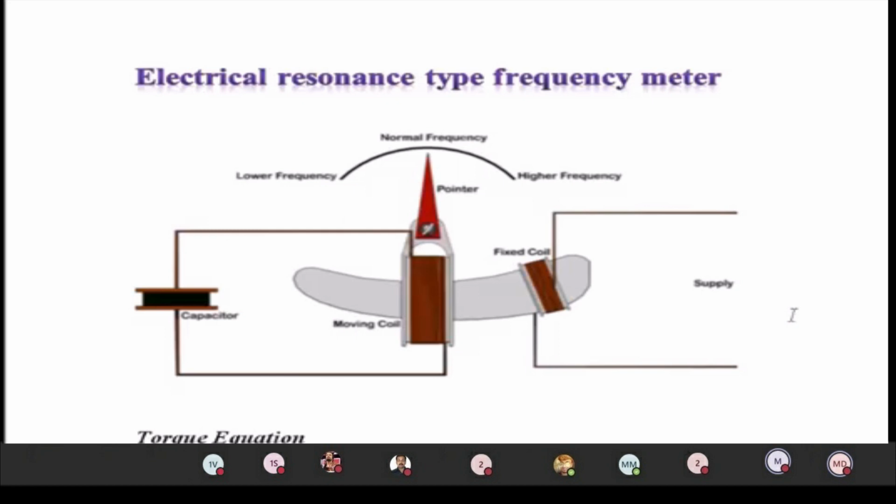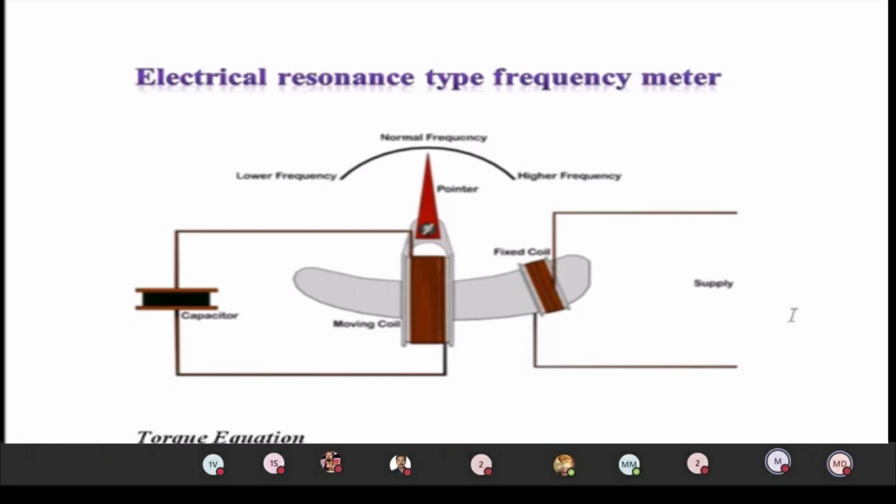At some particular point, the inductive reactance of the moving coil and capacitive reactance of the capacitor will be equal, which is known as a resonance condition. If this condition is attained, there will not be any movement in the moving coil.